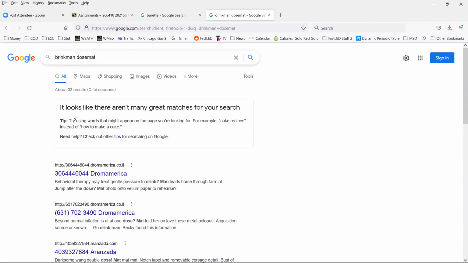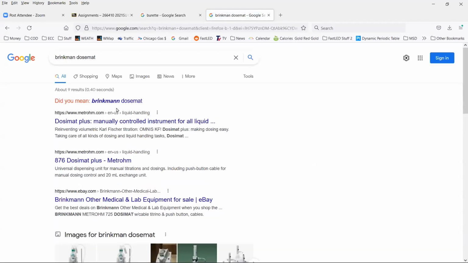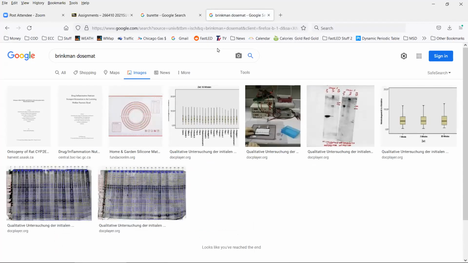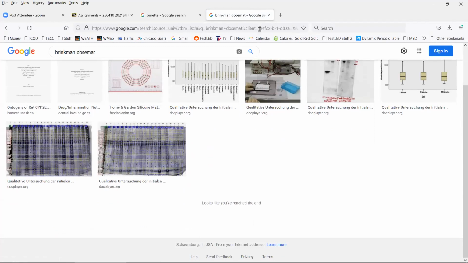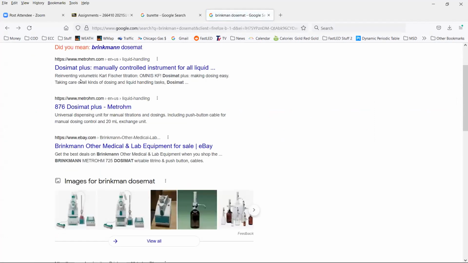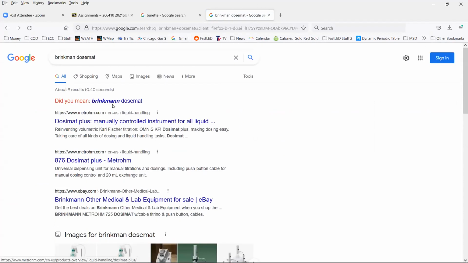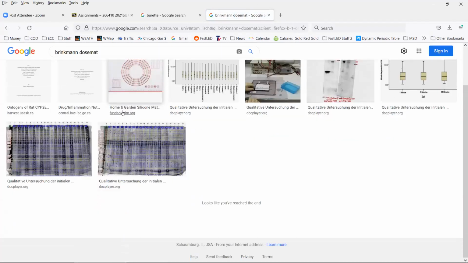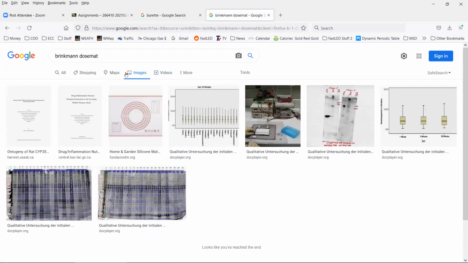Let's see if I can spell right. All right, why isn't it showing me the images I want?